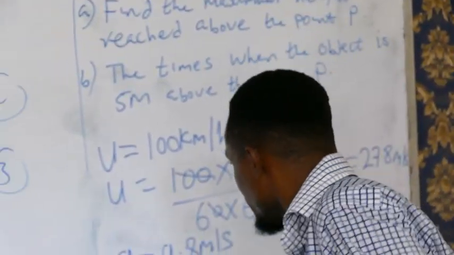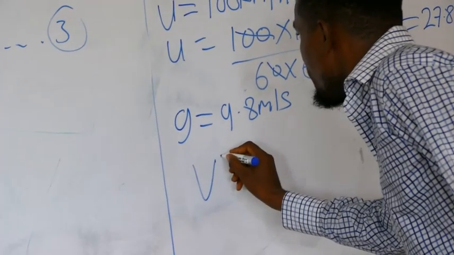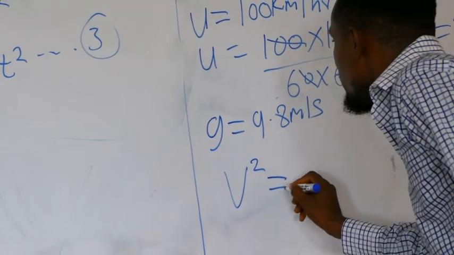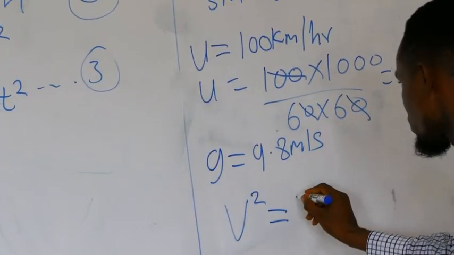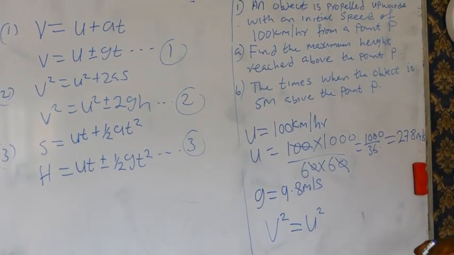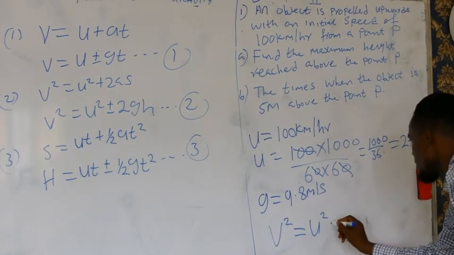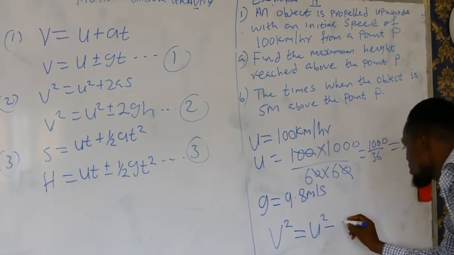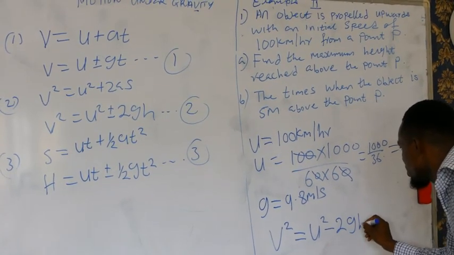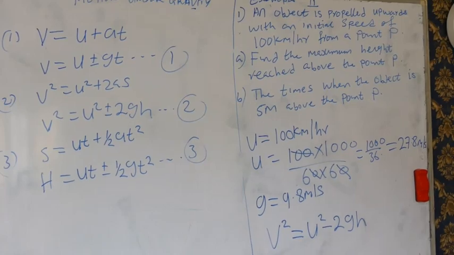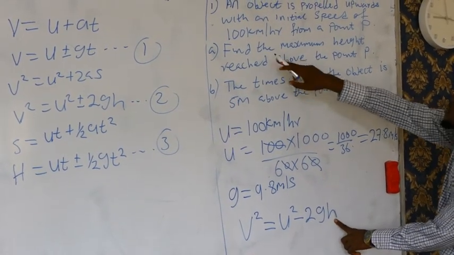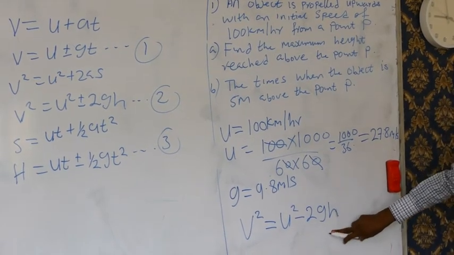So if we apply v squared equal to u squared, in this case it's going to be minus because it's going against gravity, minus 2gh. What is the unknown here? The unknown here is the height, which you are asked to calculate. So you can make it a subject of the formula.